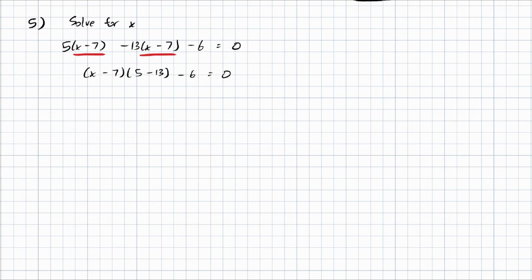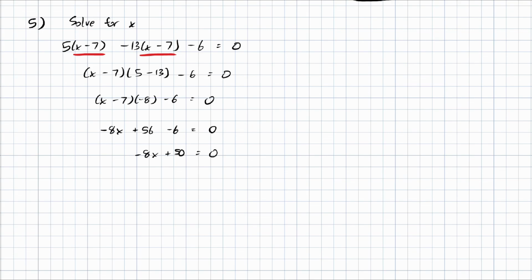So we get (x minus 7) times -8 minus 6 equals 0. -8x plus 56 minus 6 equals 0. I'm going to go ahead and divide by 2 to save some time. No, actually, I'm going to do -8x plus 50.